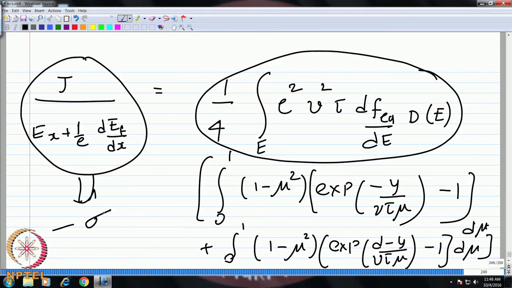Your J should be equal to electrical conductivity times your electric field E of x plus you have an electrochemical potential 1 by E dEf by dx, right. So therefore, this entire term here is nothing but minus sigma. You understand? So when you divide this current flux by the electric field, this is nothing but minus of sigma. So J should be minus sigma of this. So therefore, this is minus sigma.